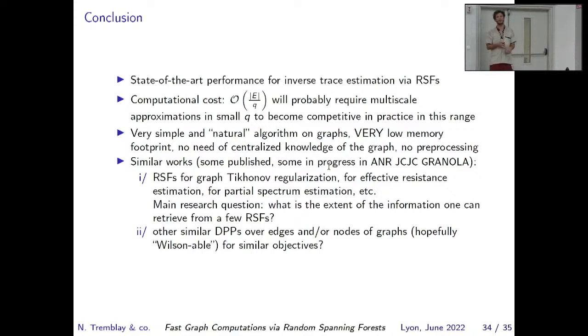What I like about this is that it's very simple. The memory usage is extremely low. And there's no pre-processing, there's no centralized knowledge. All those things make this algorithm very elegant, I find.